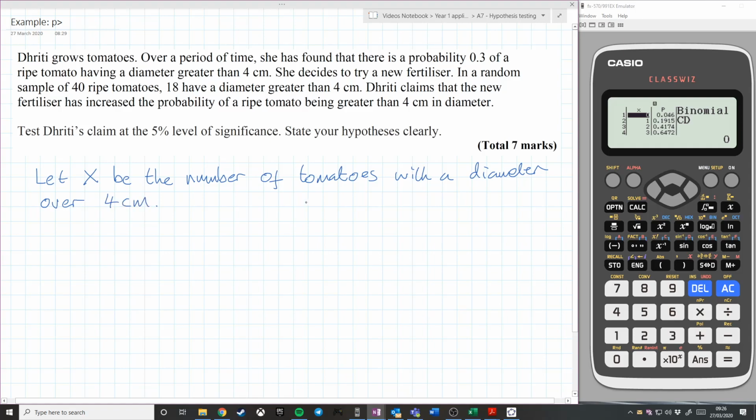Now you'll notice that actually the 4 centimeters part of this question is an annoying number that we don't actually need. It doesn't make any difference to the hypothesis testing that we'll do. It's purely there: is the tomato bigger than 4 or smaller than 4? That's a yes or no. That's a binomial situation.